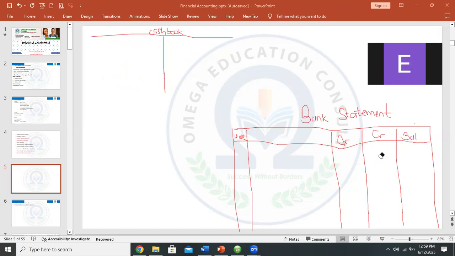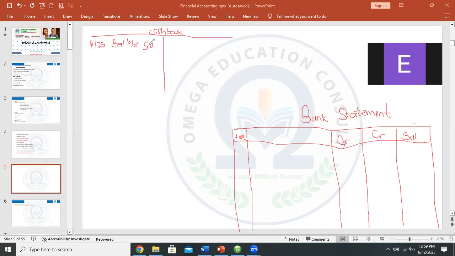So let's take for example that in our cash book, we have a debit balance of 100 cedis. So that will be in our cash book like 1st January, maybe 2025. We have a balance brought down, say 50 cedis.